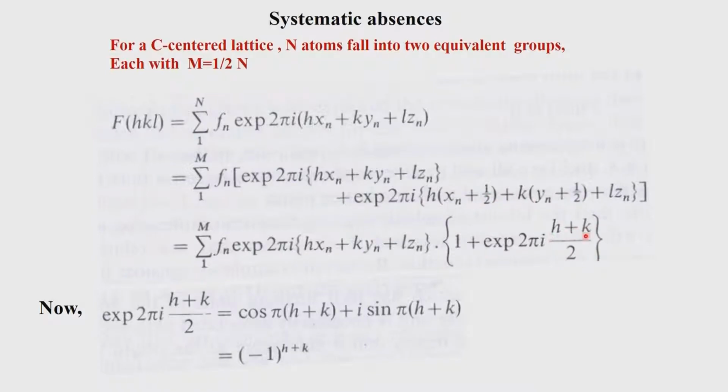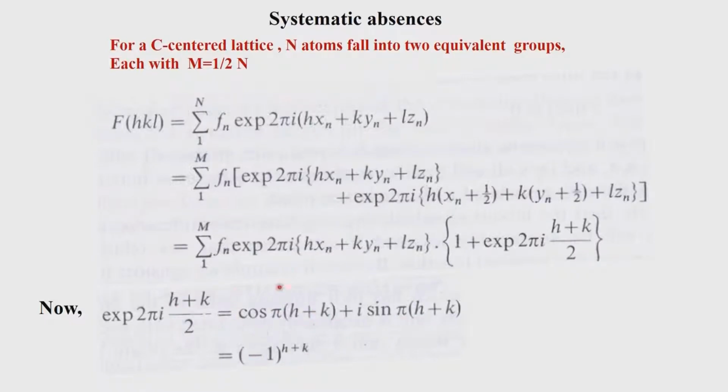Notice that h and k are integers, and therefore this is a mathematical quantity which can be evaluated. Exponential 2 pi i (h plus k) by 2 we can evaluate mathematically, and that is given here. We can expand this as cosine pi (h plus k) plus i sine pi (h plus k). So this exponential factor with the integers can be calculated straight away, and it so happens that this has a value of minus 1 to the power of h plus k.